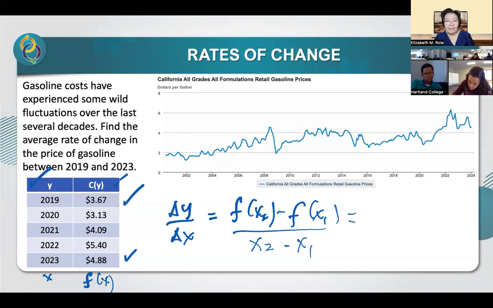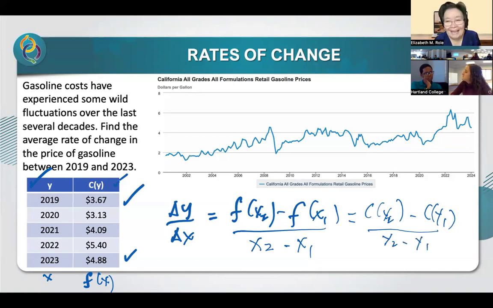So when I say f of x sub 2, the question is, what's the cost of gasoline in 2023? And the cost of gasoline is, so I would say C, just for putting in the symbol, C of year 2 minus C of year 1 over year 2 minus year 1. Okay. So we begin with 2023.